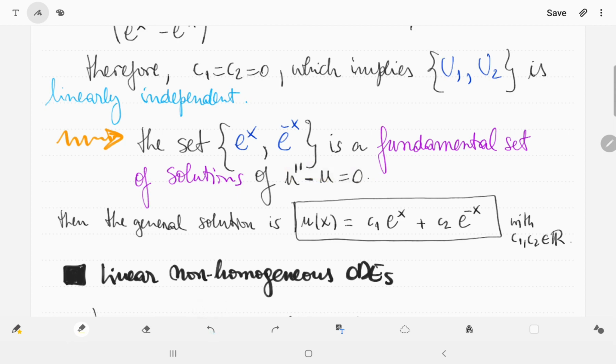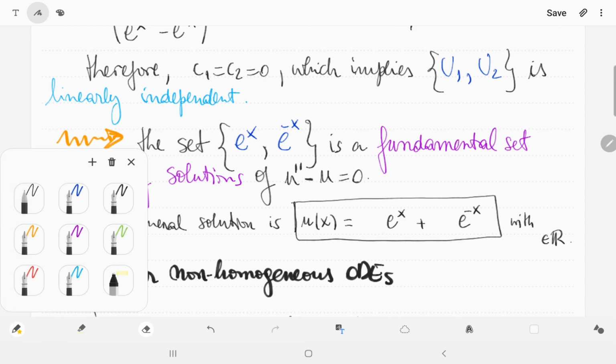And moreover, we can say that the general solution is any linear combination of those functions. Okay, maybe a remark: these C1 and C2 have nothing to do with the previous C1, C2, so maybe we can just put other names so it's not confusing.